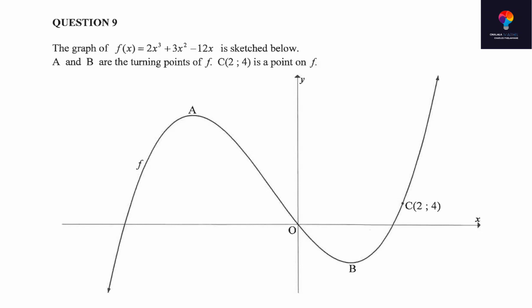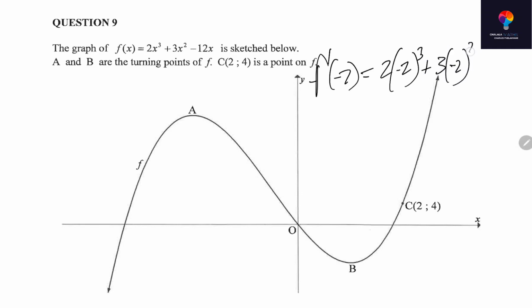Therefore, for us to get another turning point, we have to replace minus 2 in the equation. We must write minus 2 here. It's going to give us 2 times minus 2 to the power 3 plus 3 times minus 2 to the power 2 minus 12 multiplied by minus 2.